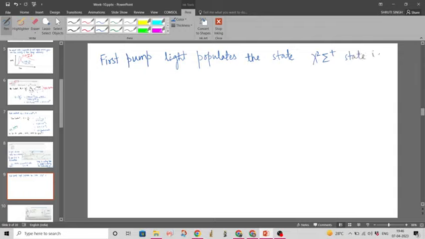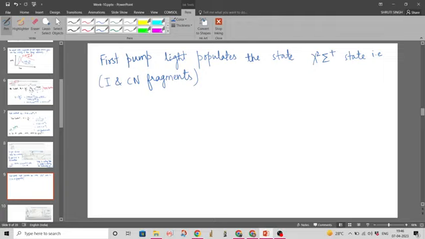that is the first pump light, it produces I and CN fragments separately. So the bond between them breaks. That is the dissociated state. There is no bonding at this state.